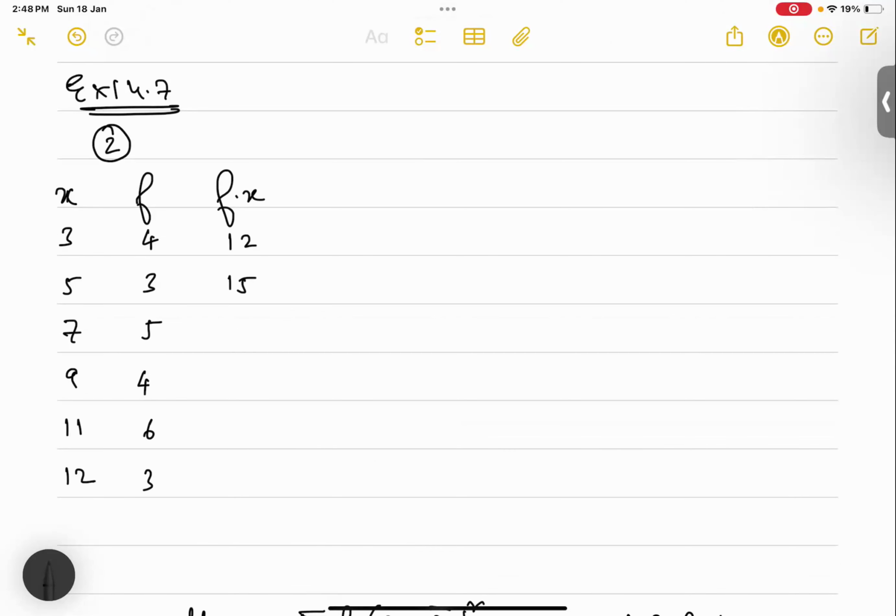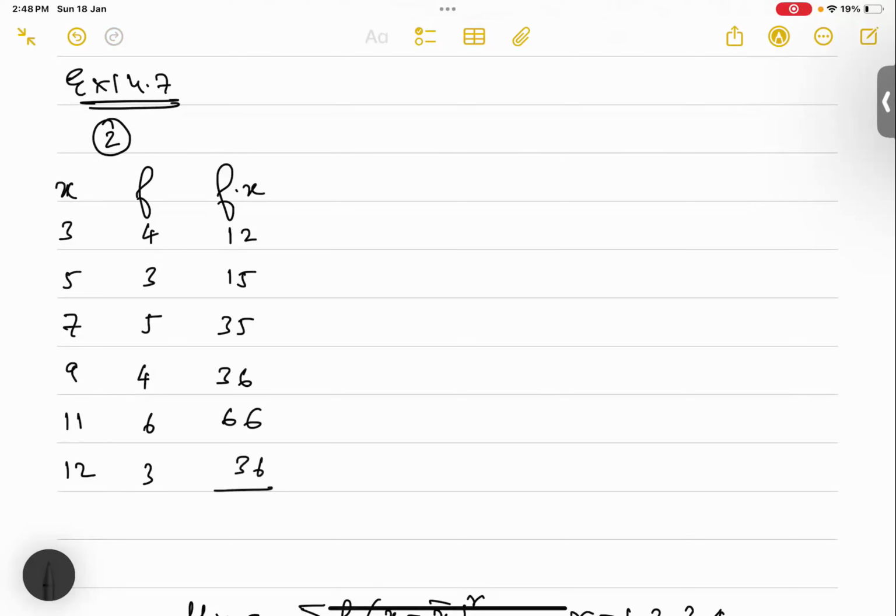What is the total? 200. And summation f, the total of the frequency, is 25. So 200 upon 25 is equal to 8.